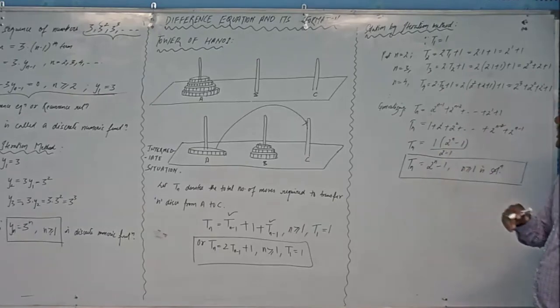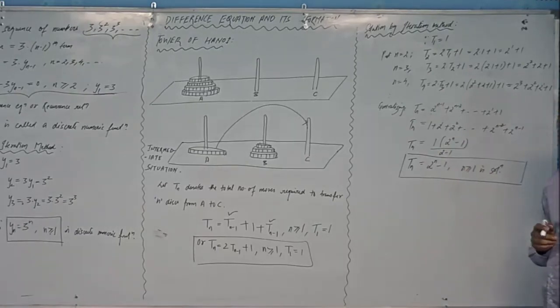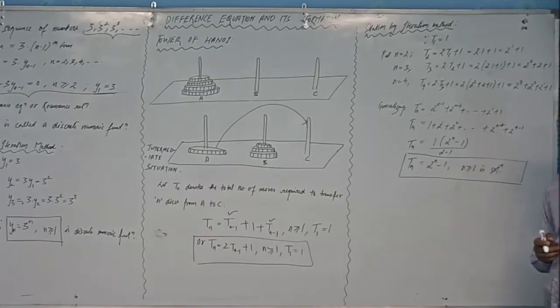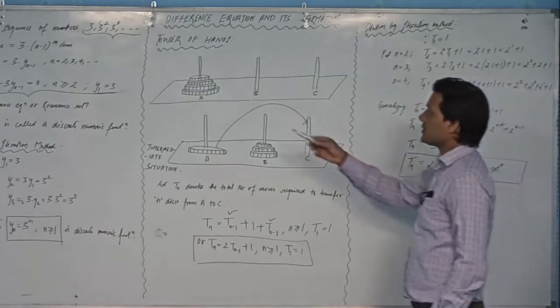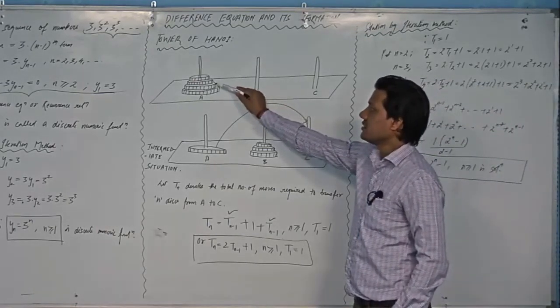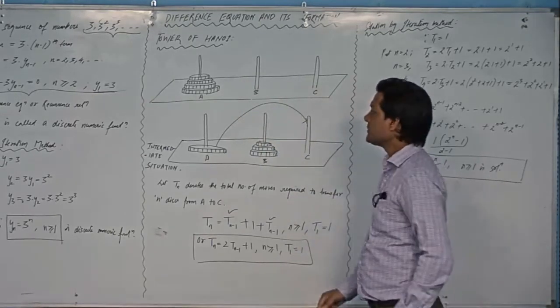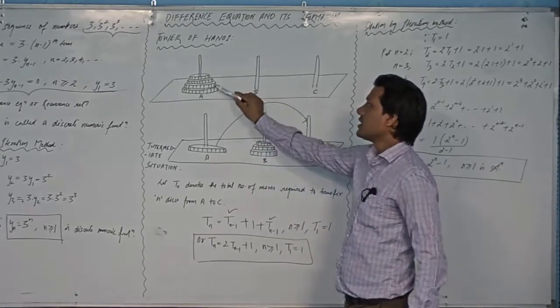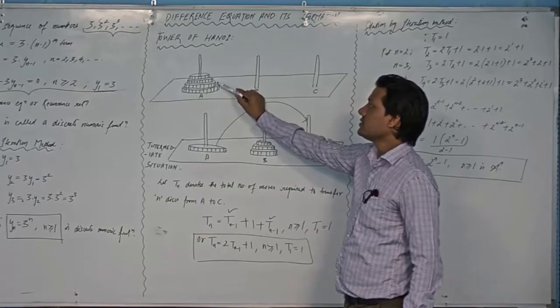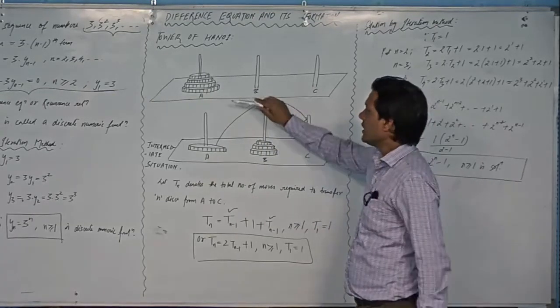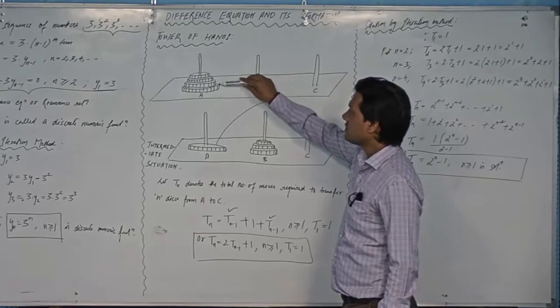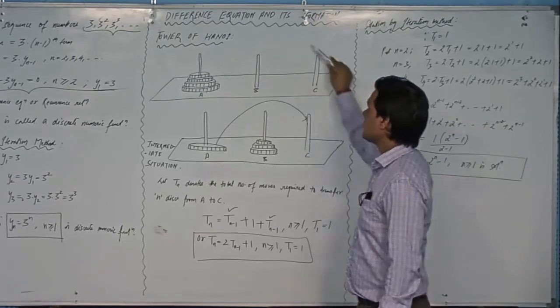And you can visualize, or you can draw the diagram for n equal to 2. That is also easy. Imagine that we have only 2 disks here at this position, then how many moves will be required? The first move will be transferring this top disk from A to B. The second move will be transfer of this biggest disk from A to C, right?